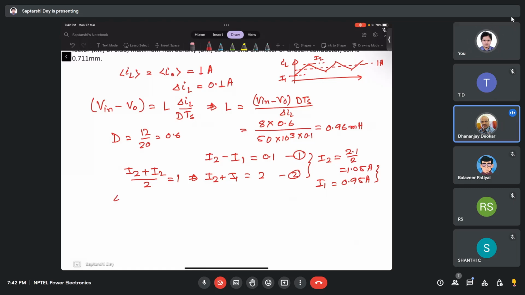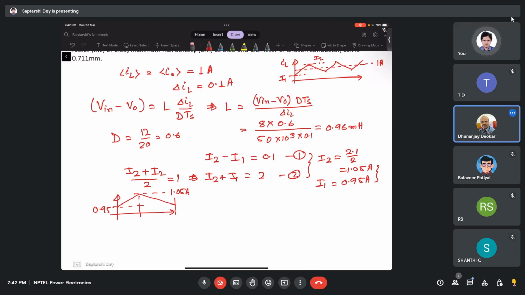So what we have now is something like this, a current which is triangular in nature, whose minimum value is 0.95, maximum value is 1.05 ampere. Now there is one formula, you can derive it also. I am using it directly for now, not very difficult to derive.